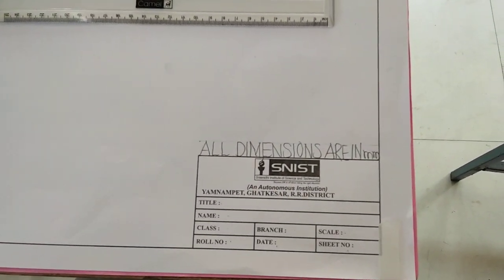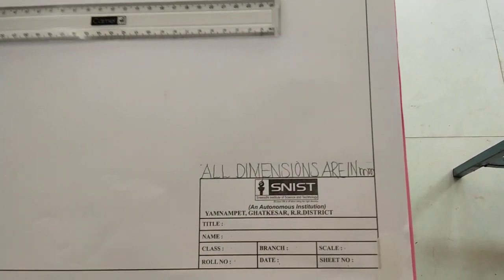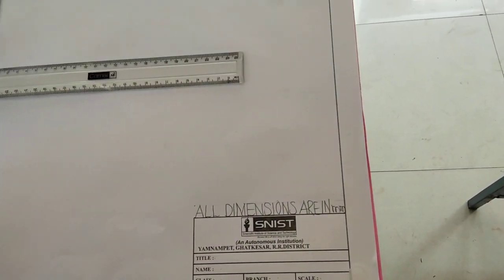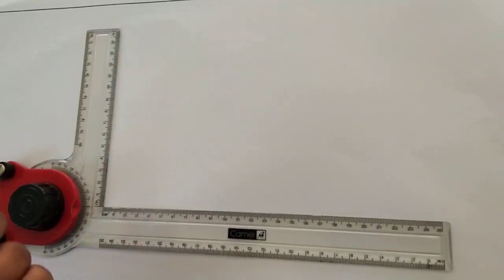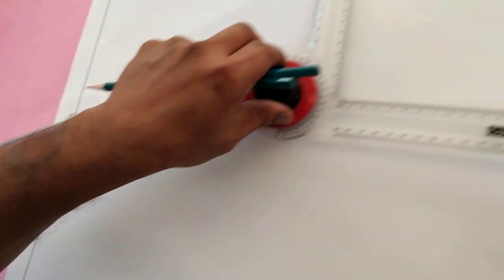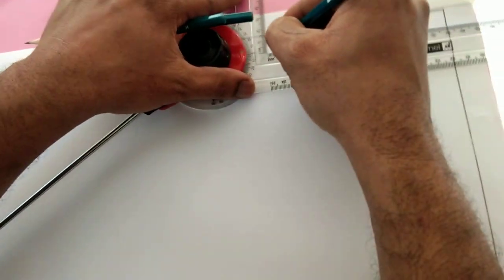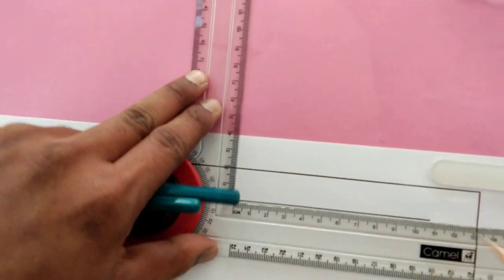This is about fixing the drawing sheet and mini drafter. And one more thing, let me show you the pencils. With the help of an HB pencil, we always get a dark line.